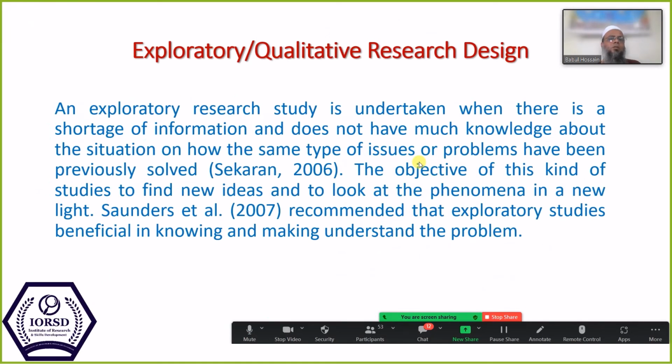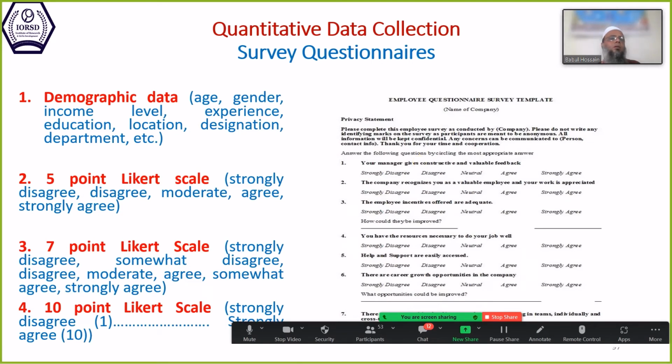Doctor, please. If I use a variable measured by only 2 items, can I depend on it? Or is it better to use at least three items?